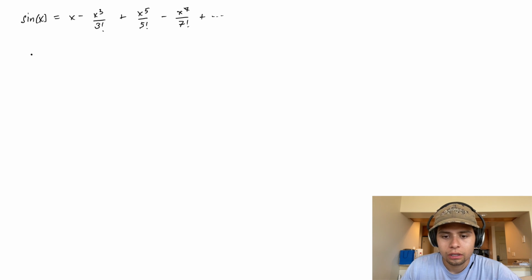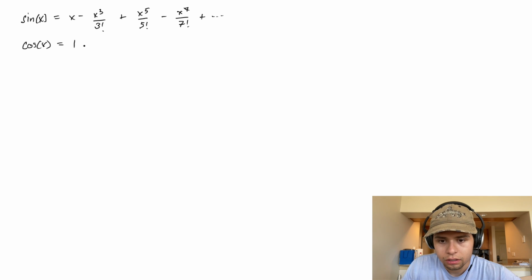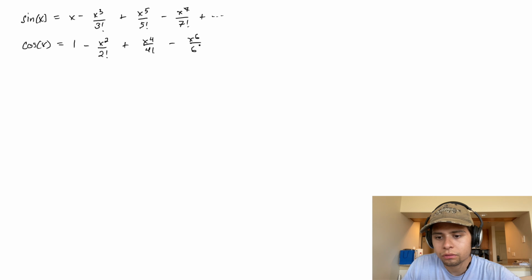And so let's take a look at the cosine function. So the cosine function is equal to 1 minus x squared over 2 factorial plus x to the 4th over 4 factorial minus x to the 6th over 6 factorial plus, and so on.